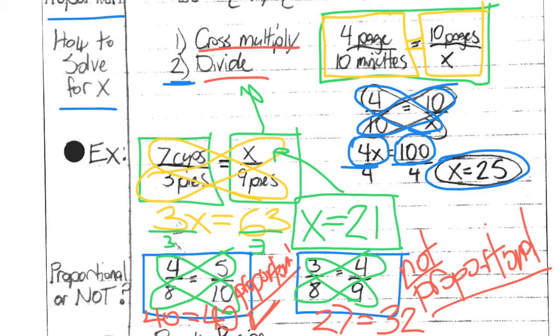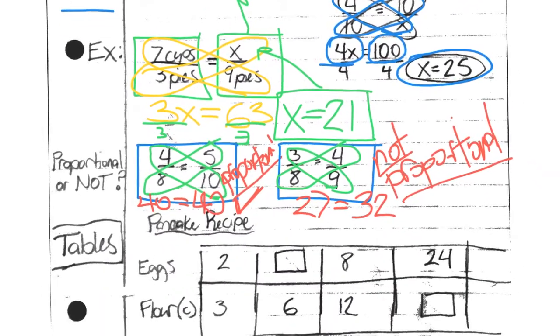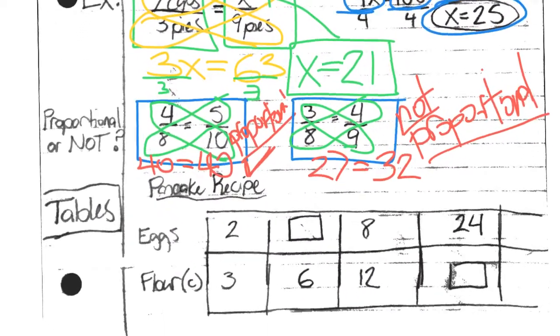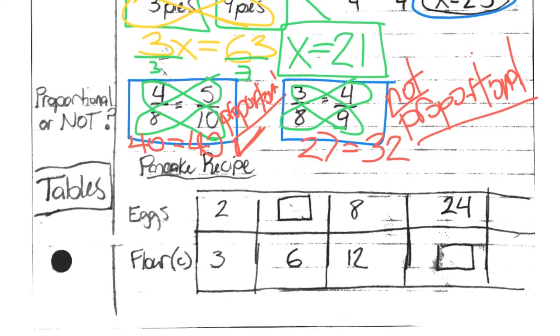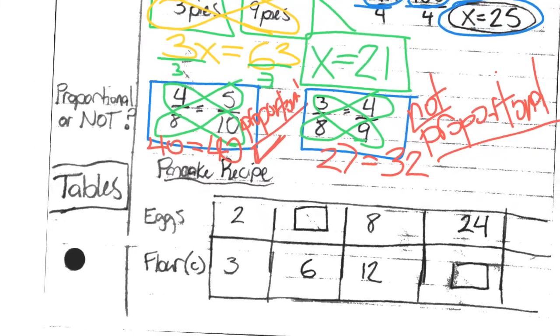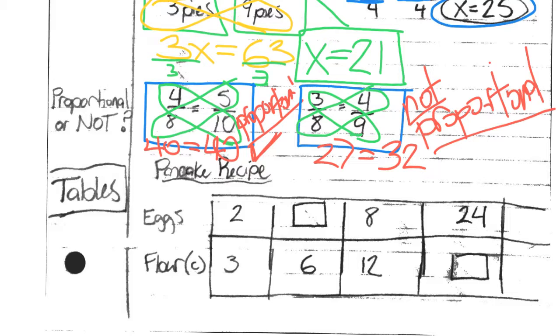Now, the last way that they will ask us a question about proportions is in a lovely table. So I'm going to show you that there are 2 ways that you can fill in for missing numbers in a table. So right now we're pretending like we are doing a pancake recipe. Everybody loves pancakes.